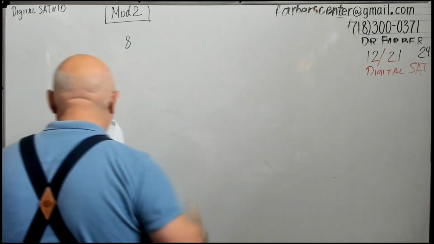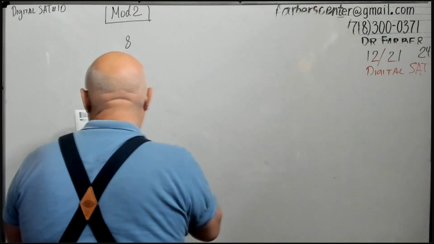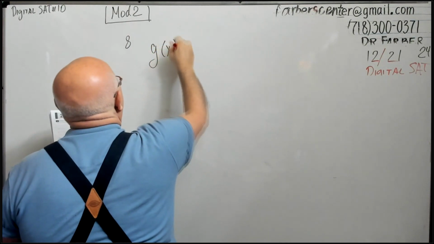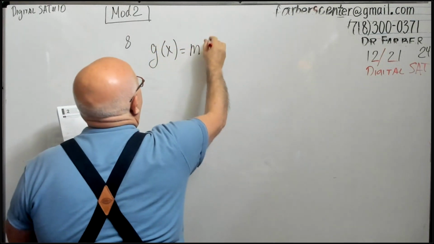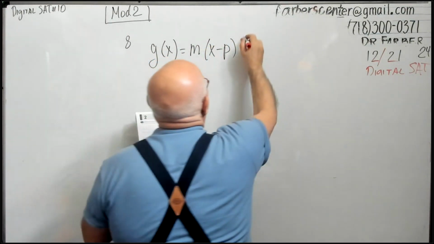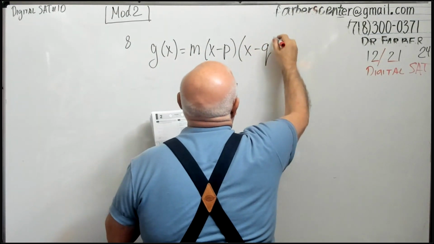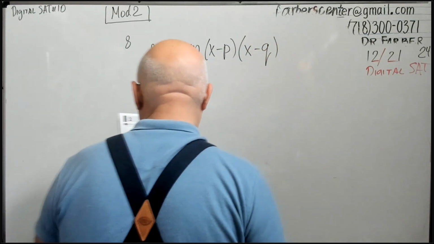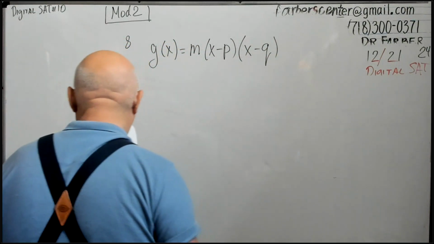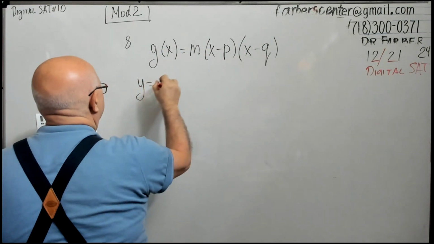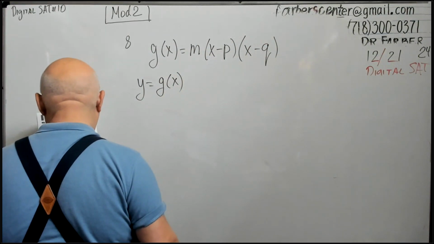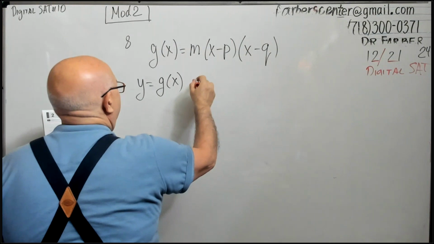You have a quadratic function g of x equals m times x minus p times x minus q. M, p, q are constants. The graph y equals g of x opens downward.